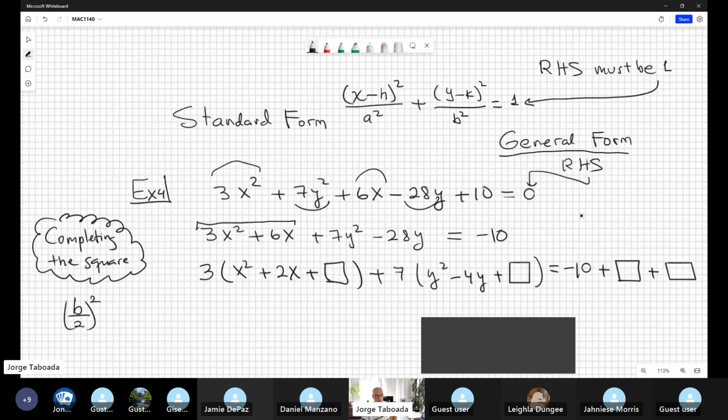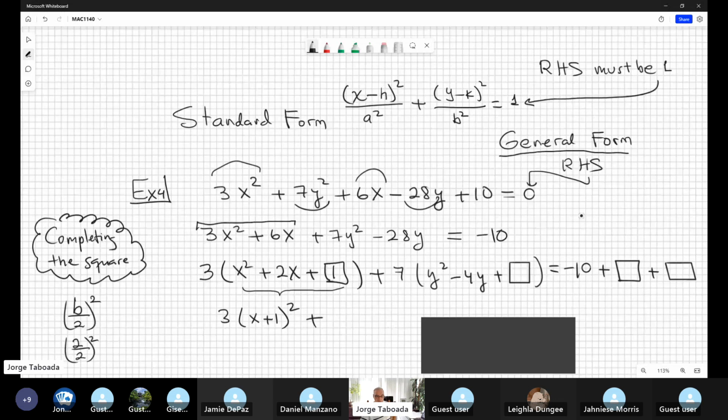So in the first trinomial, b is 2. 2 divided by 2 is 1, 1 squared is 1. I put 1 here. I know when you put artificially this one, this new trinomial is a perfect square, and the factorization is 3 parentheses x plus 1 squared. Yes or no?